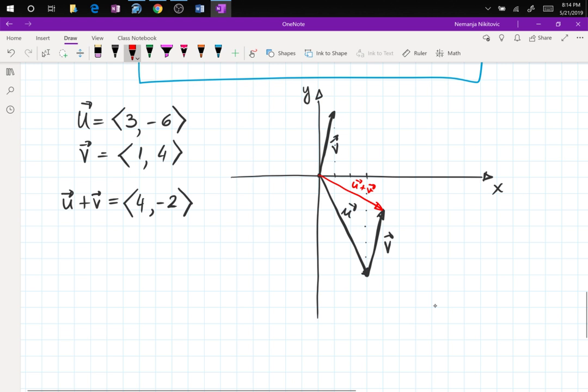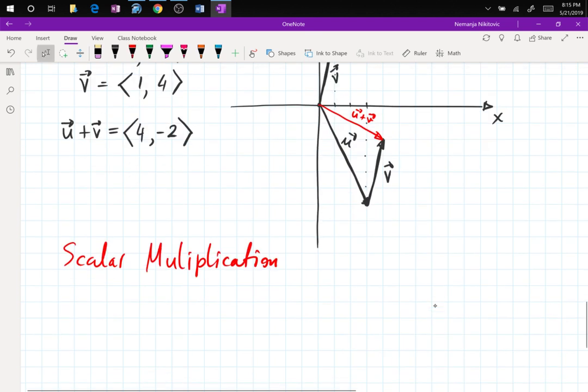I will explain that after I talk about scalar multiplication. So after I finish with the scalar multiplication, let's go with the scalar multiplication. That is c times vector u. That's what I'm talking about.